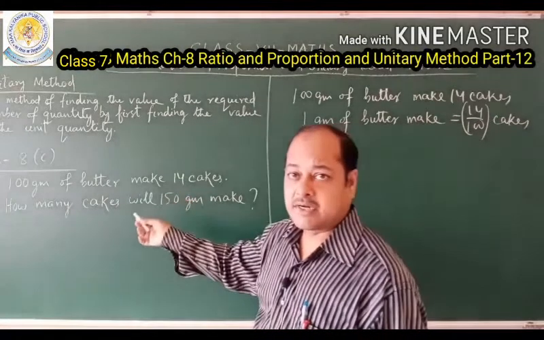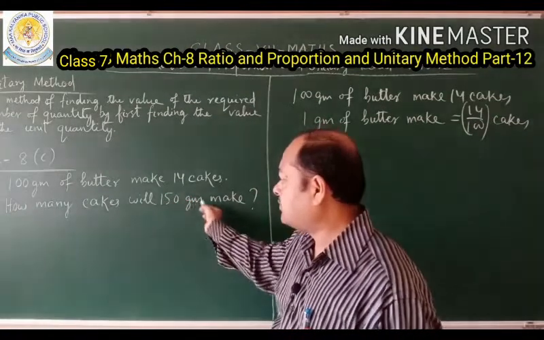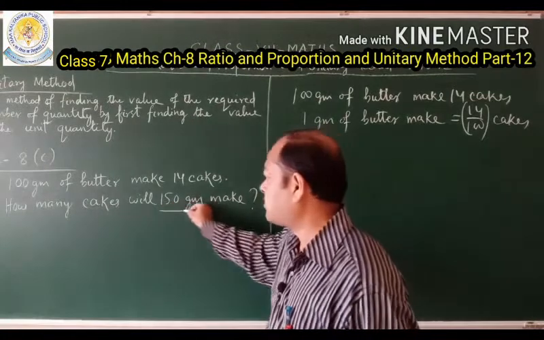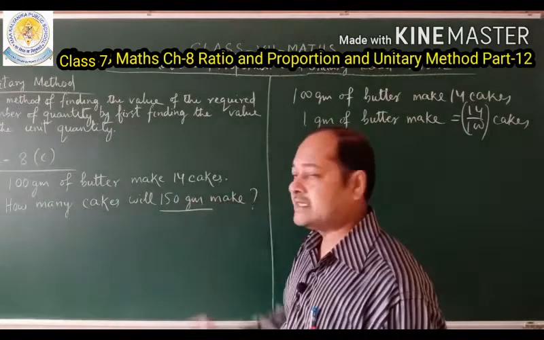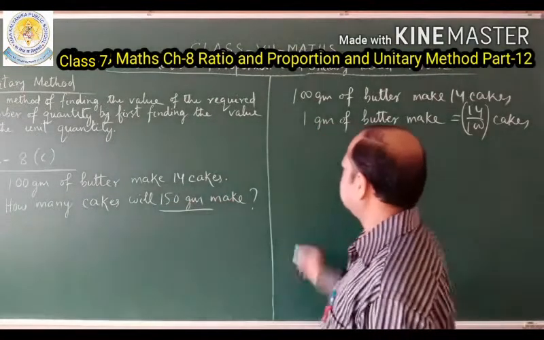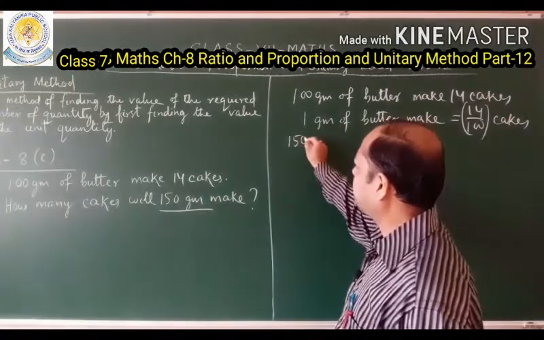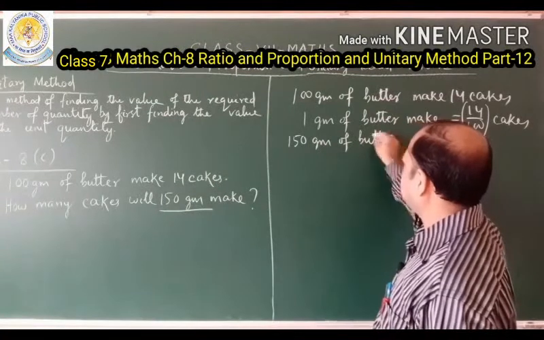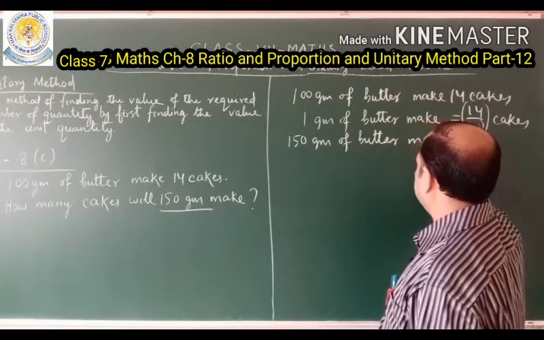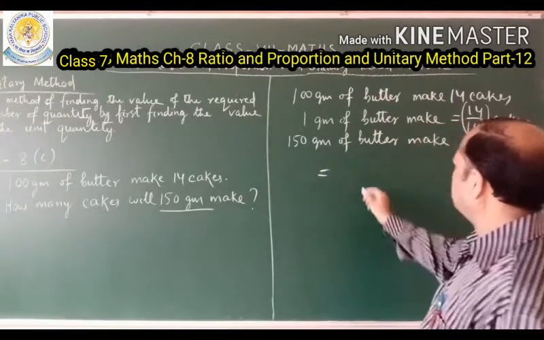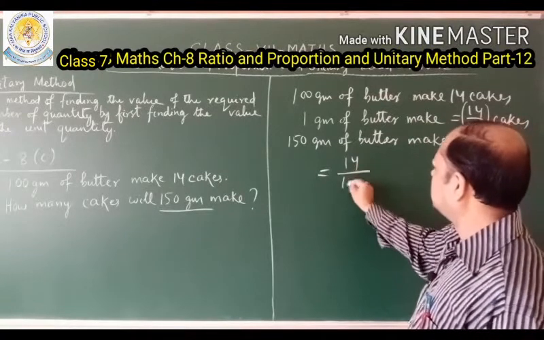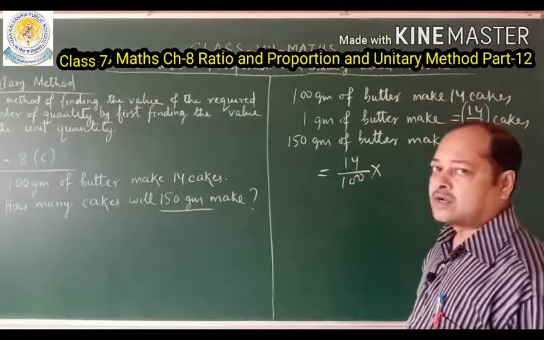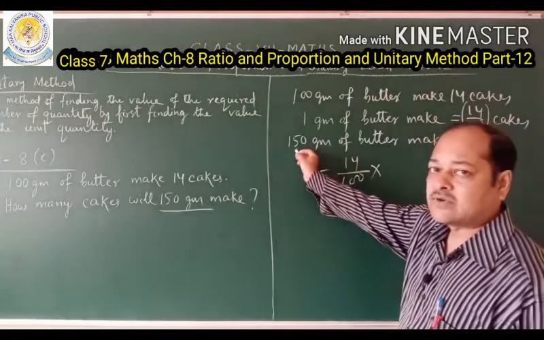Now what is the question asking? What is the required quantity? How many cakes will 150 gram make? So the required quantity is 150 gram. So here you write: 150 gram of butter makes equal to 14 upon 100 into the required quantity, that is 150.